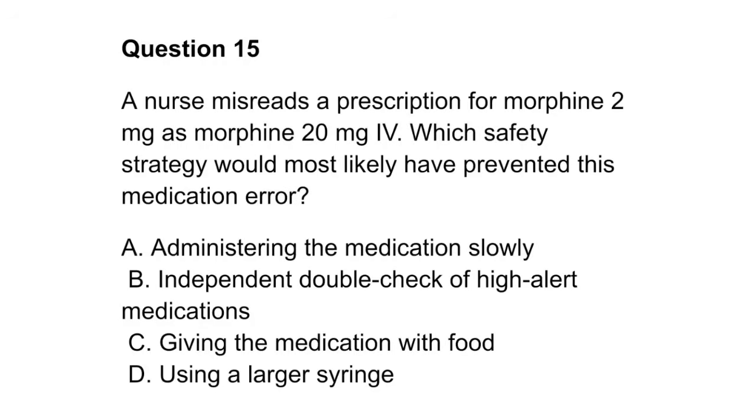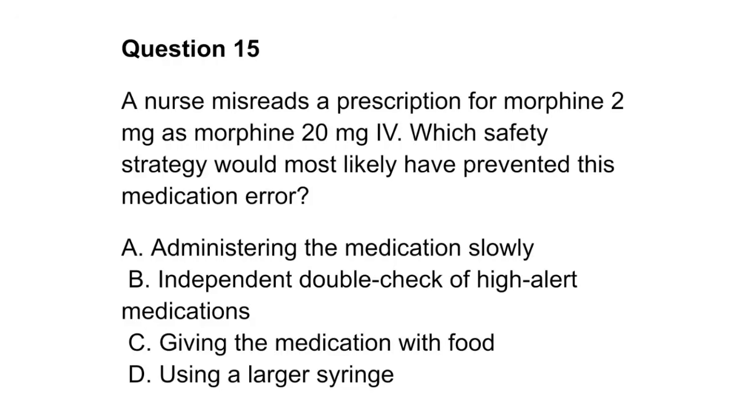Question 15. A nurse misreads a prescription for morphine 2 mg as morphine 20 mg IV. Which safety strategy would most likely have prevented this medication error? A. Administering the medication slowly. B. Independent double check of high alert medications.